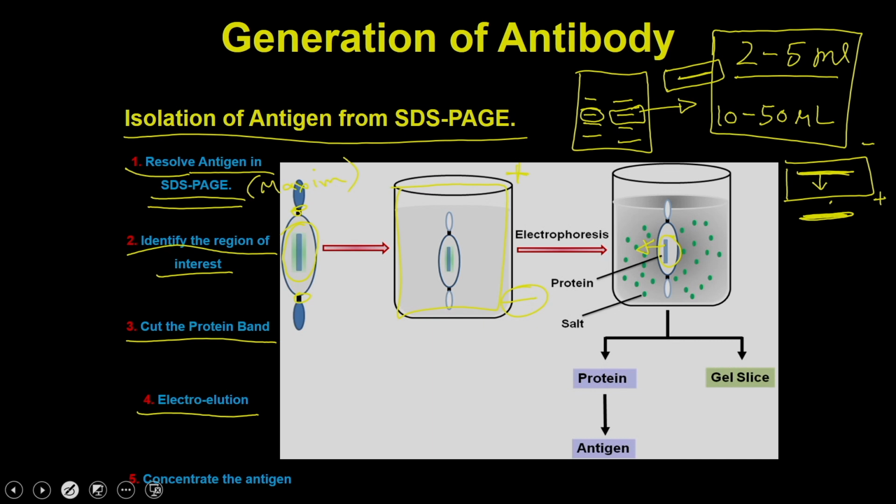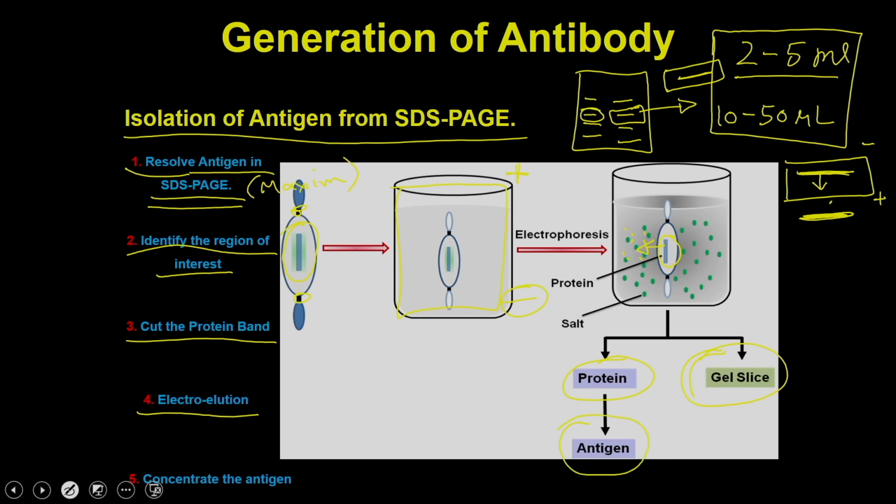It will migrate and eventually fall into the outside buffer, and then you just collect the outside buffer, which is going to have the proteins, whereas the gel slice is going to be present inside the dialysis bag. From here you can concentrate and collect the antigens.